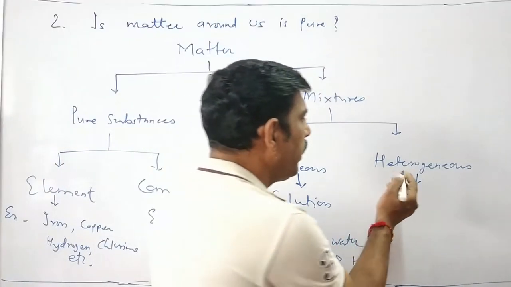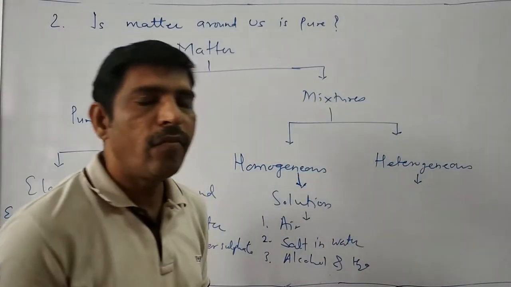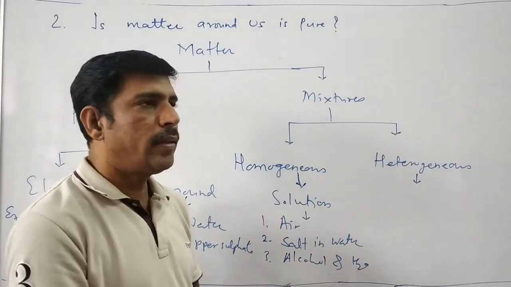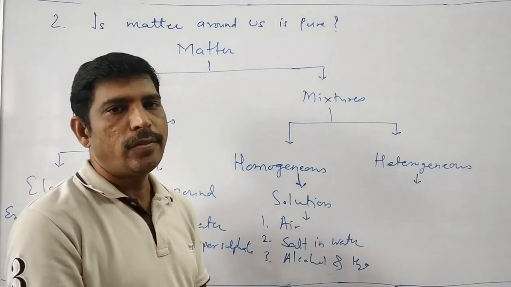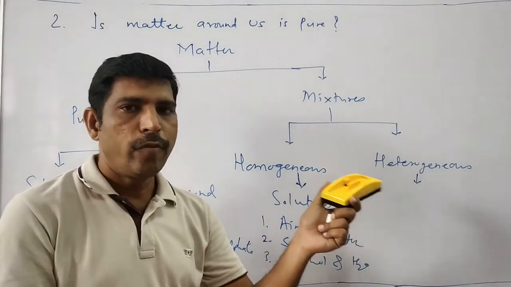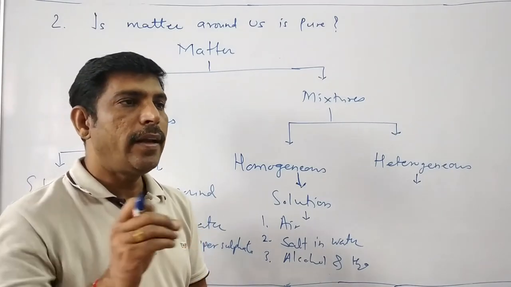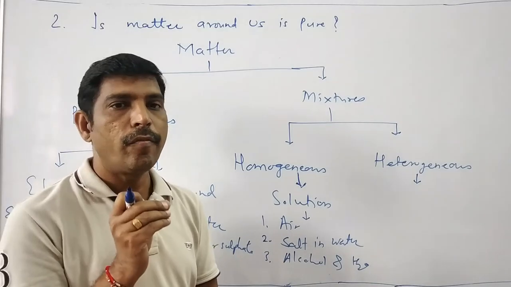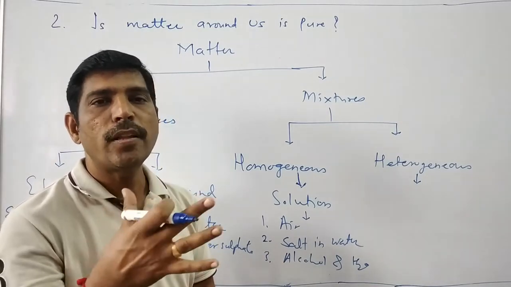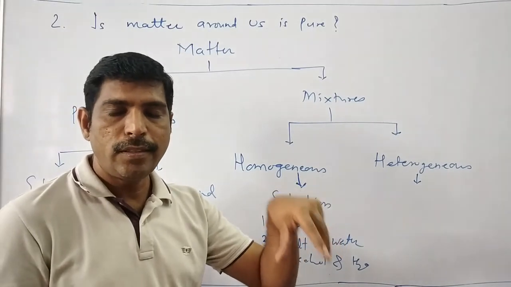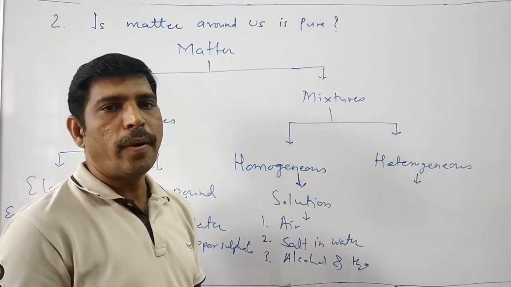Okay. So again, hetero. Hetero means different. That means if we combine different components of a mixture and we do not get a single phase or single state of matter, and we can identify with our naked eyes which components are present. For example, salt in water. Suppose salt is dissolved in water, we cannot see the salt particles in water.